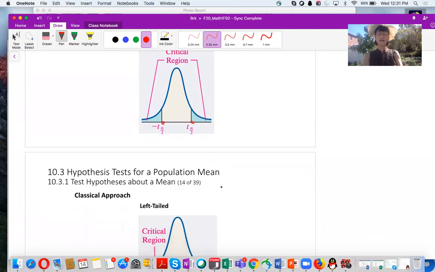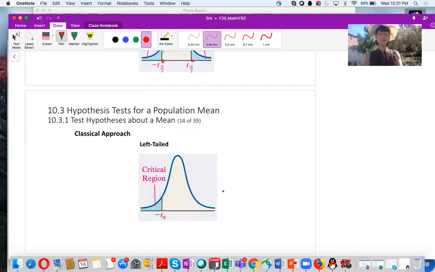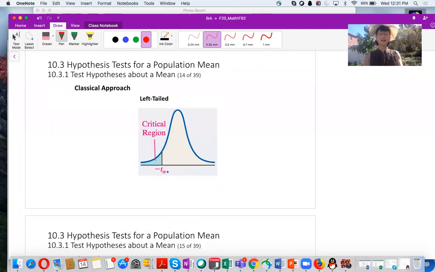I will give you the detailed calculation as we progress through this lecture. When you have a left-tailed test, the critical value is negative T alpha. The critical value decides the critical region. So this is the critical region, which has another name, rejection region.